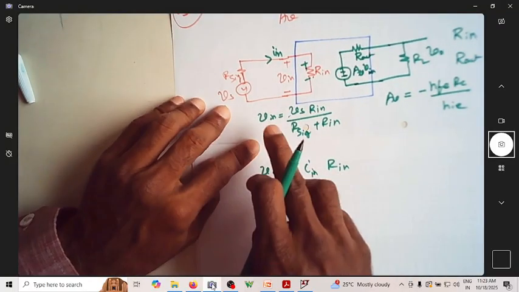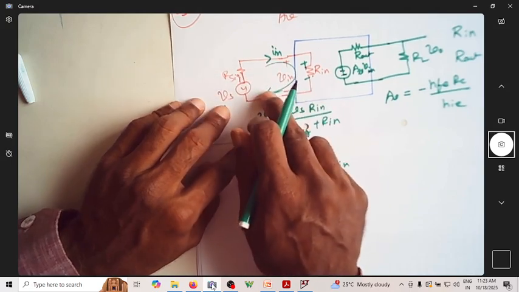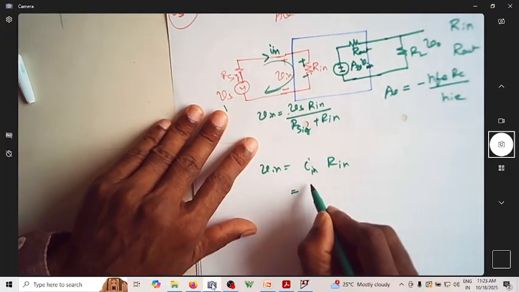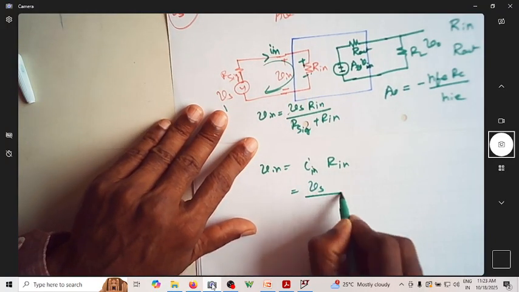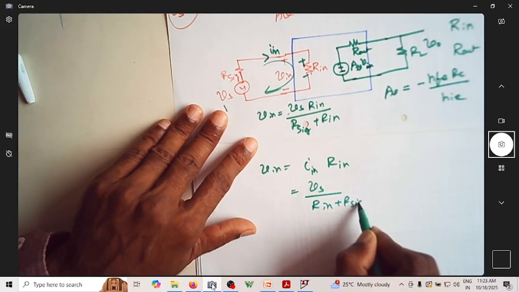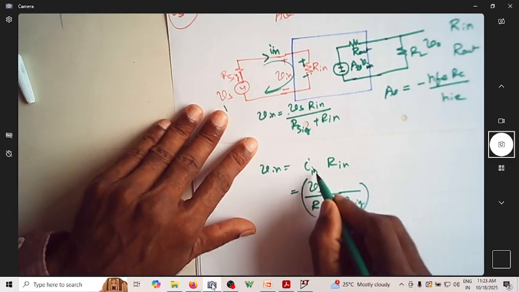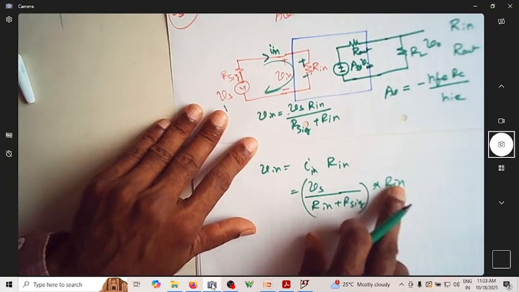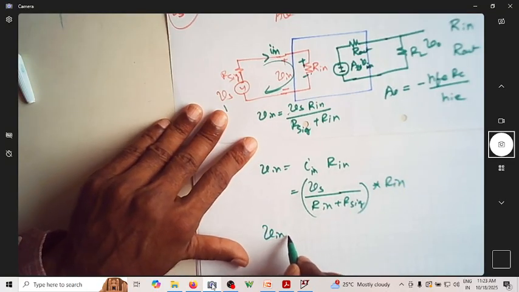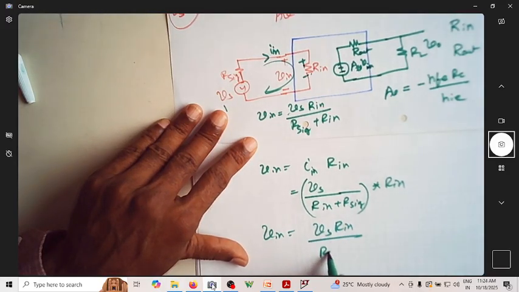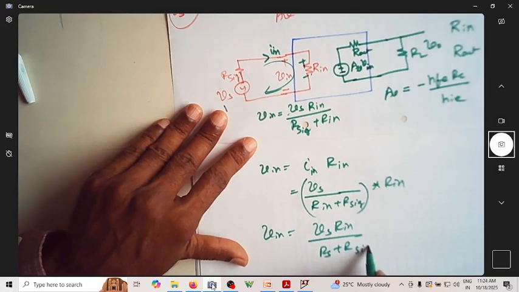But what is this I in? I in is the entire current flowing through this loop, which is nothing but voltage divided by the overall resistance. Can I write this as Vs divided by R in plus R signal? This is I in into R in. So this is R in, I'm writing as it is. So now can I write this V in as Vs R in divided by R signal plus R in.